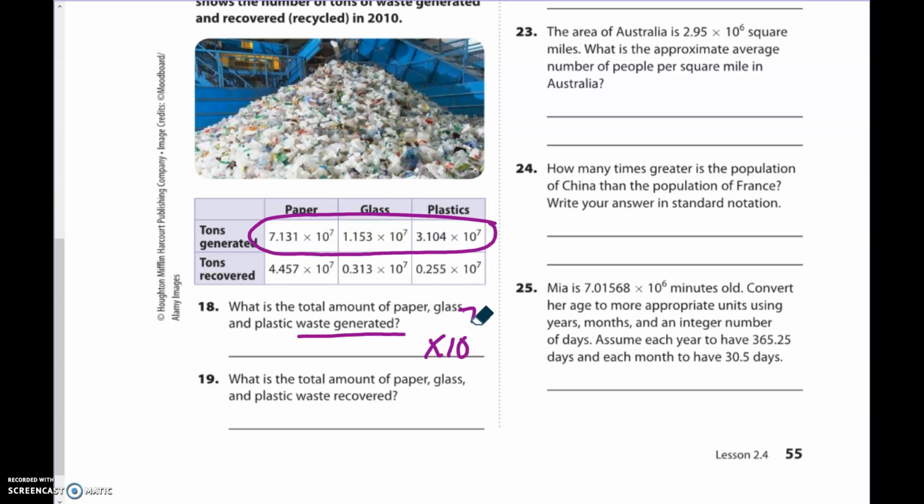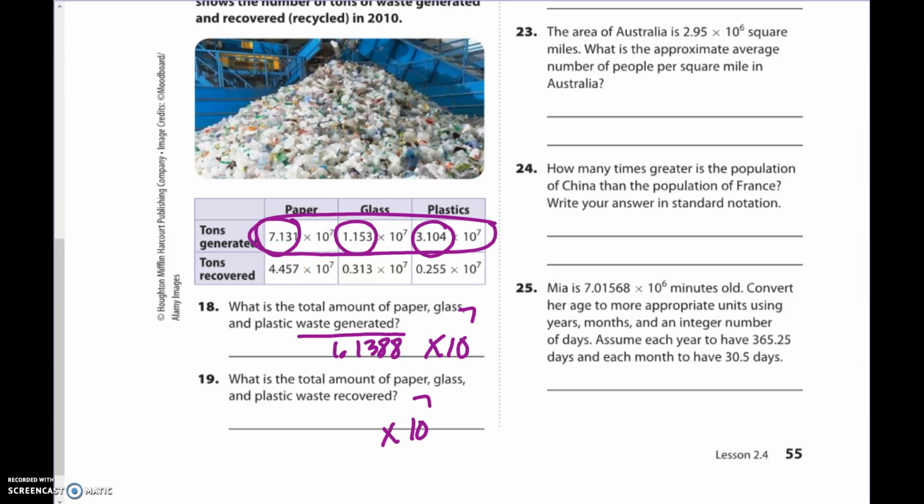And now on your calculator, we can just add this number, and this number, the multipliers together, and we get 1.1388. All right, the next one is the plastic of the waste recovered. And again, they're all times 10, so I can just write times 10 to the 7th power, because when we add and subtract, we're just going to keep that same thing.